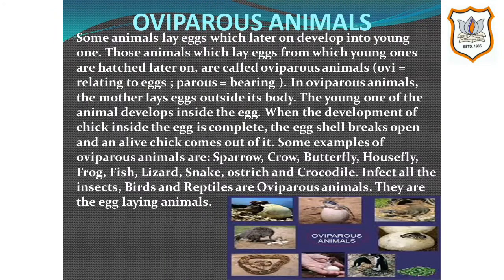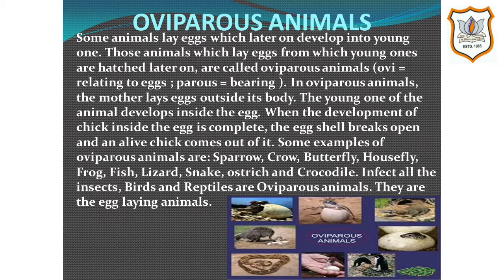Our next topic is oviparous animals. Now, what are oviparous animals? Some animals lay eggs which later on develop into young ones. Those animals which lay eggs from which young ones or a baby animal are hatched later on are called oviparous animals.